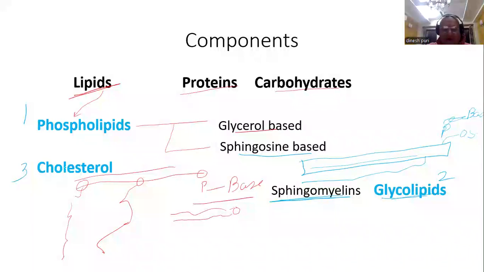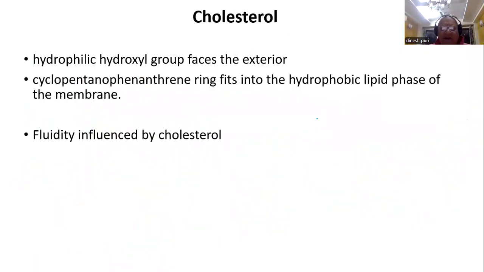Third, cholesterol. Cholesterol is a large molecule having this ring structure, which you will learn later on, and it has an OH. Whatever the case, it can be called amphipathic because the hydroxyl group will face the exterior, just like in the case of phospholipids.